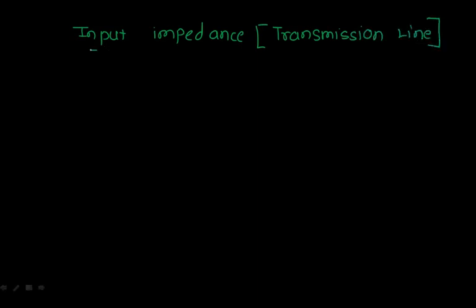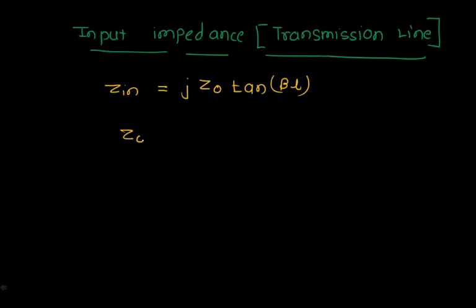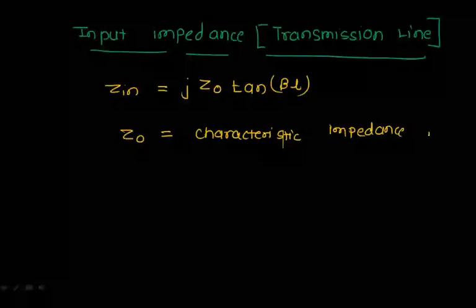Whenever I'm talking about the input impedance in the transmission line mode, Z0 is nothing but the characteristic impedance of the transmission line. The length L is nothing but the length. So you can say that your length is L by 2.